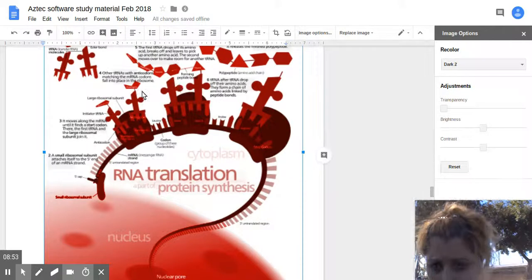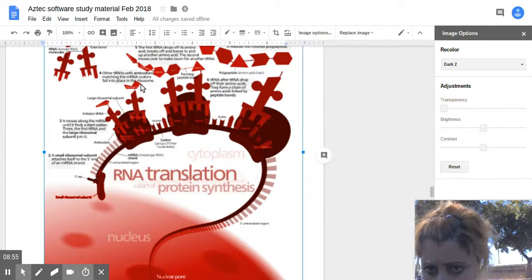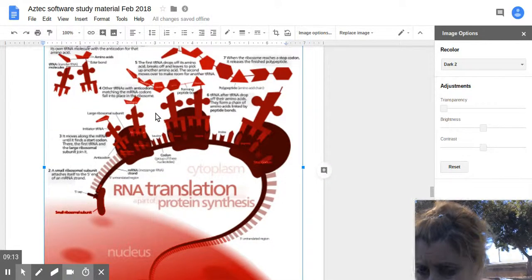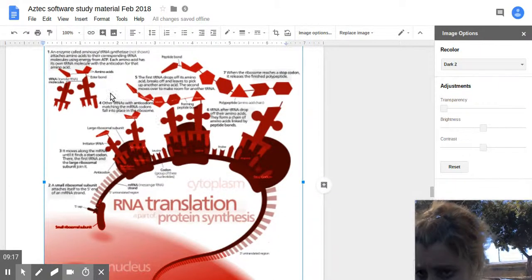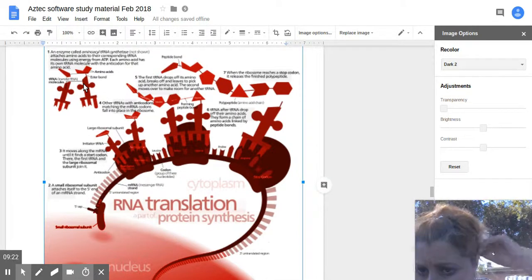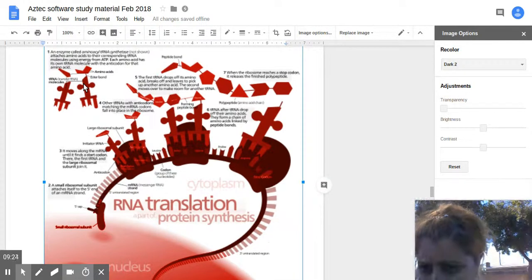So as this occurs, the tRNAs which are bound have the anticodons matching the mRNA codons. So the tRNAs, which are bound to amino acids, it says through an ester bond.